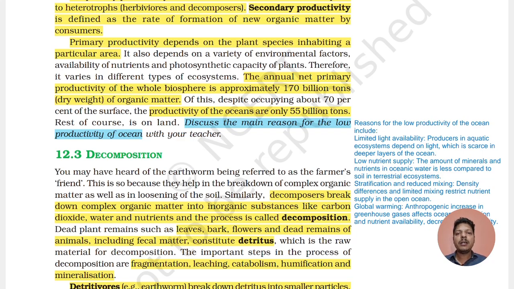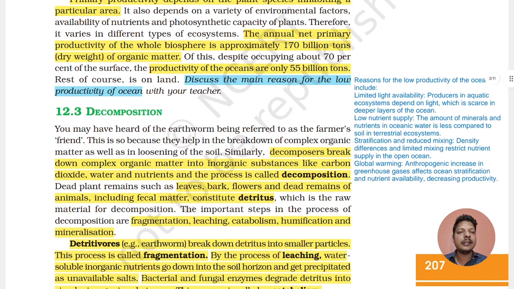Why does the ocean, occupying 70% of the surface of the earth, produce only 55 billion tons, while the remaining 30% produces way more dry weight of organic matter? So the reasons are here, listen. Limited light availability. First point, limited light availability. Producers in aquatic ecosystems depend on light, obviously, which is scarce in the deeper layers of the ocean.